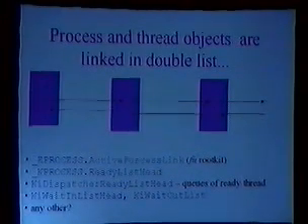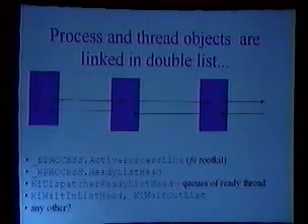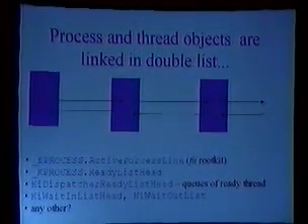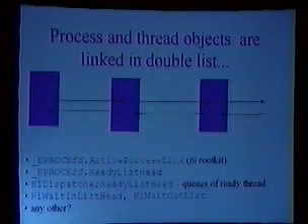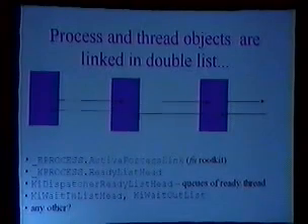So it's for diagnostic purposes, probably. And the second lists are the lists which are used by a scheduler to give some CPU time to the threads, and these lists are called, like you can see on the slide.